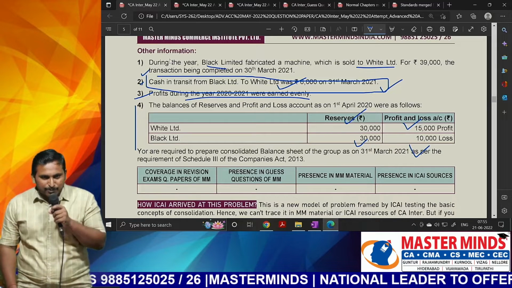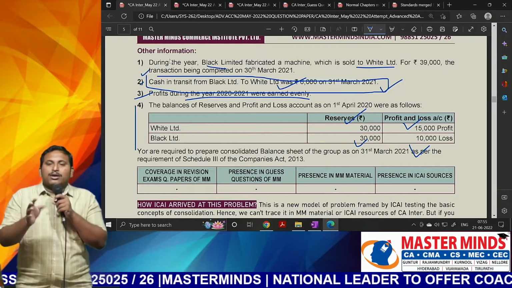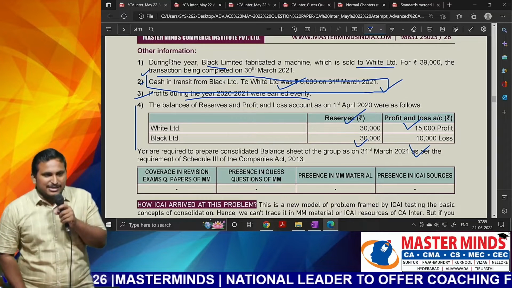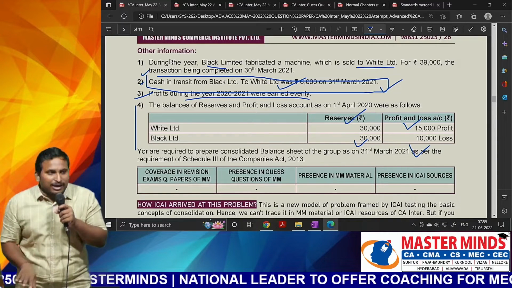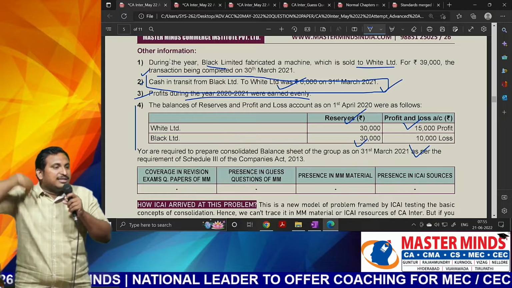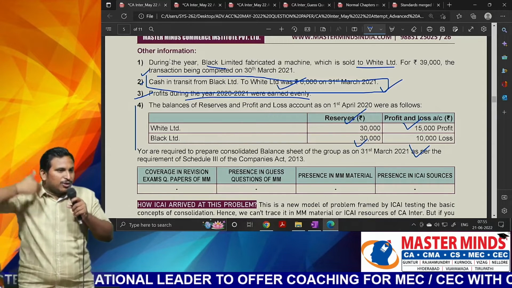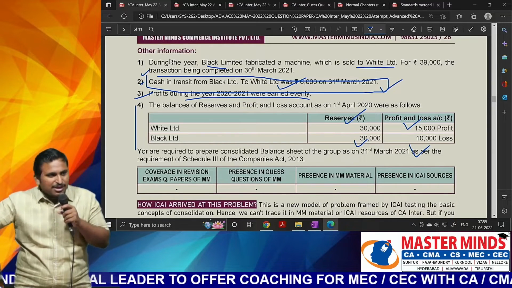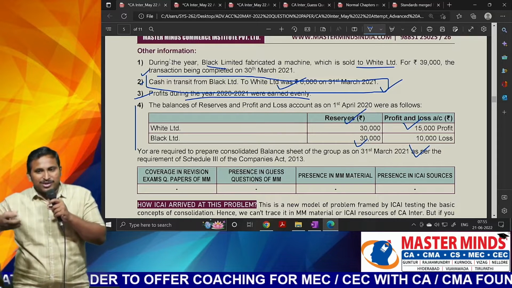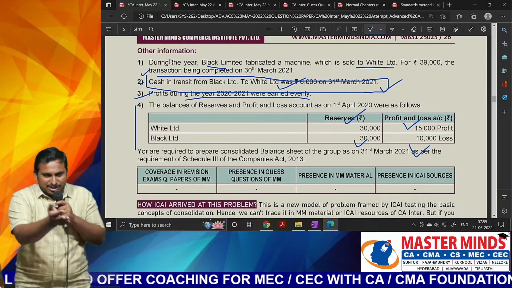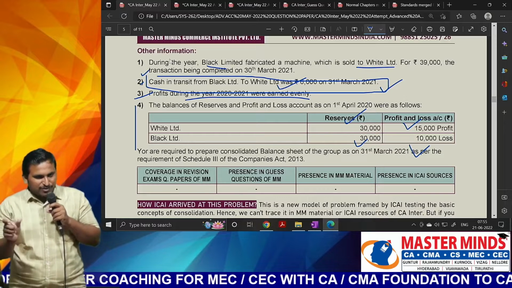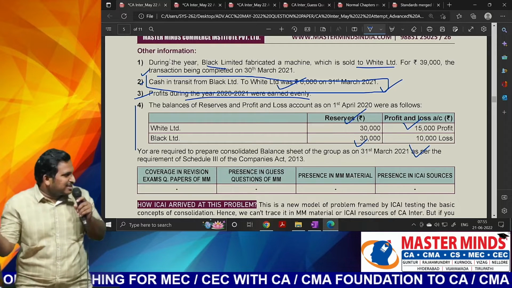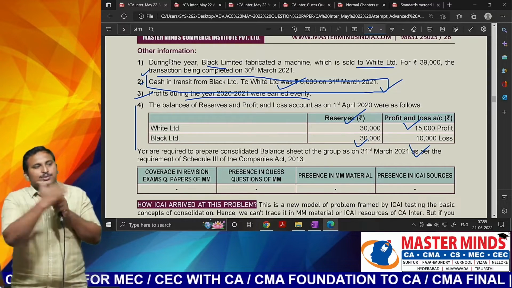Sir, are you getting my point? You should write enough number of examinations, then only you will have clarity that you can answer any new points. In group 1 once I have shown, sir, in one of the revision examinations we asked a branch accounts question, and it was asked in the examination.